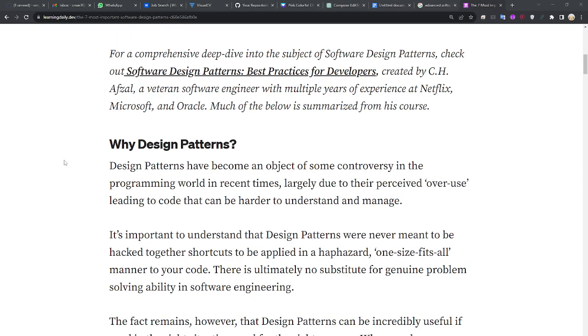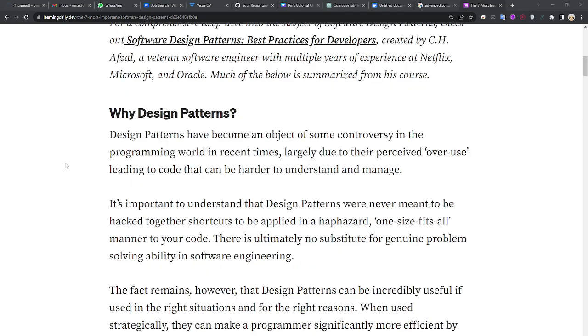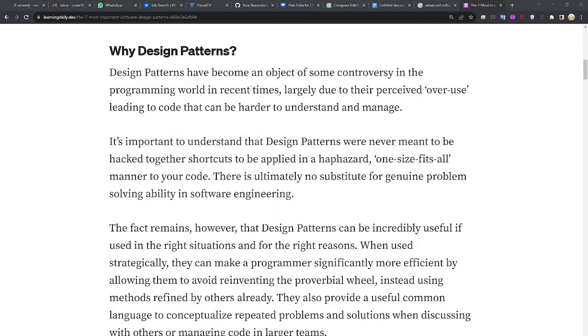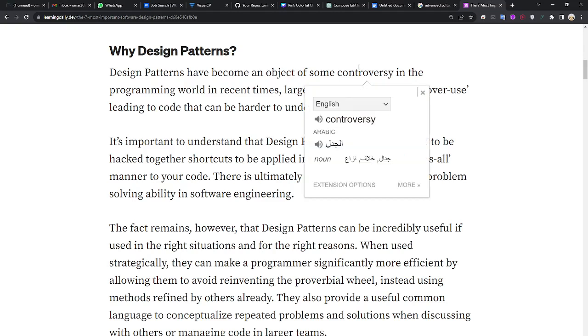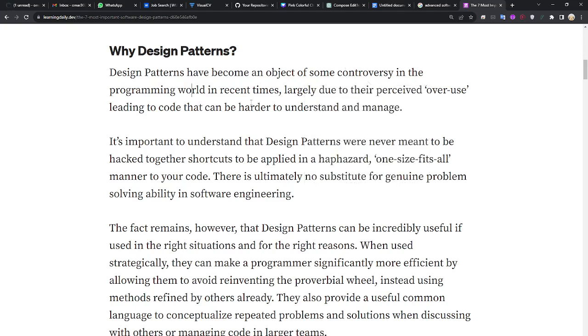Why design patterns? Design patterns have become an object of some controversy in the programming world in recent times, largely due to their perceived overuse, leading to code that can be harder to understand and manage.